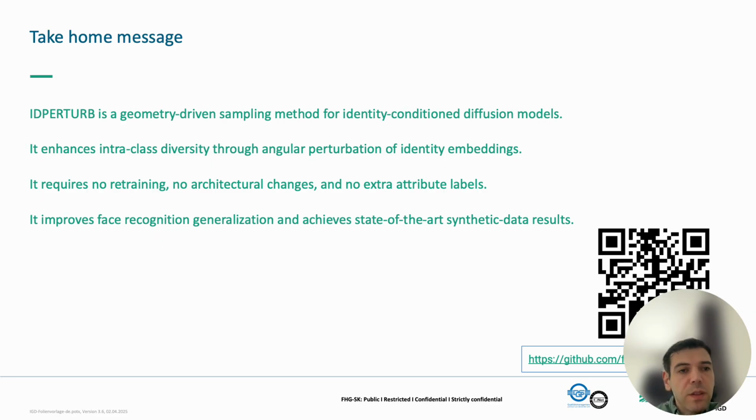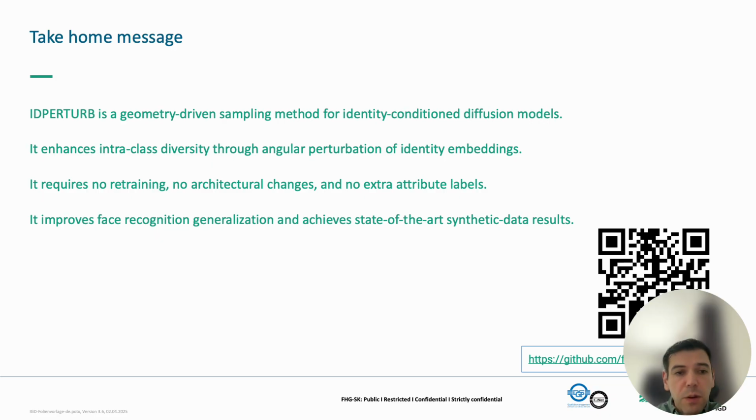Our take-home messages: in this paper, we presented IDPerturb, a geometric-driven sampling method for identity-conditioned diffusion models. Our method enhances the intra-class diversity in the data generated by the diffusion model, and this is also reflected in the face recognition performance.